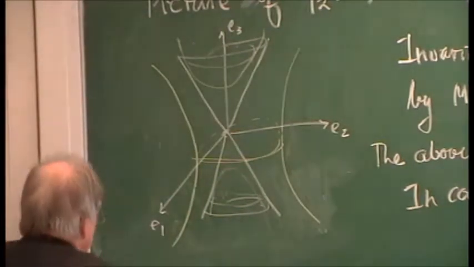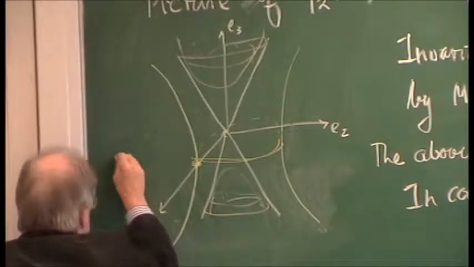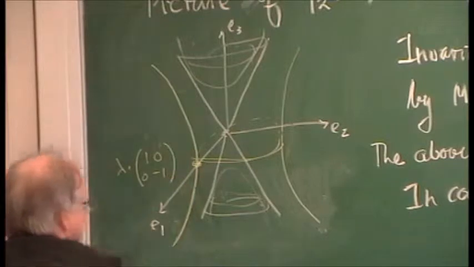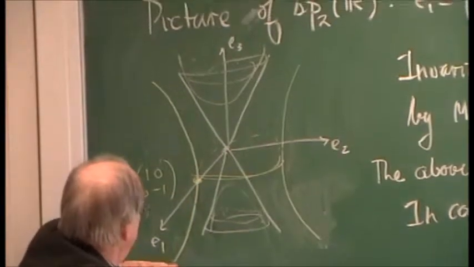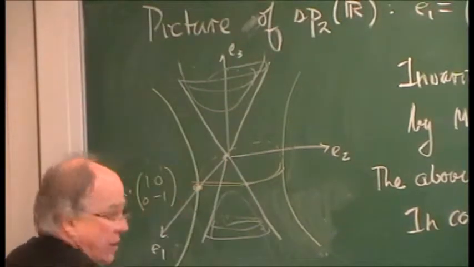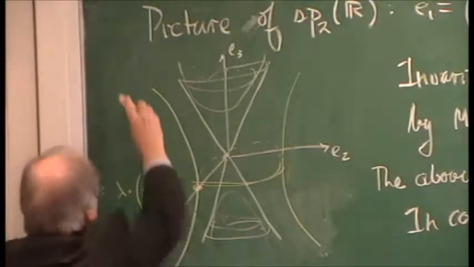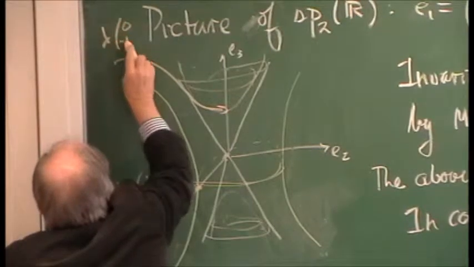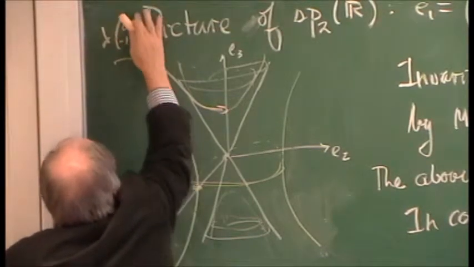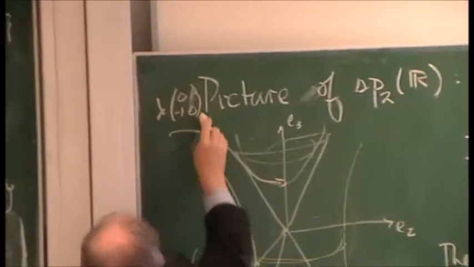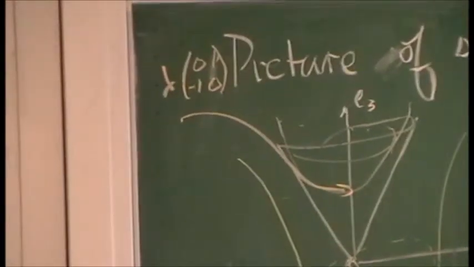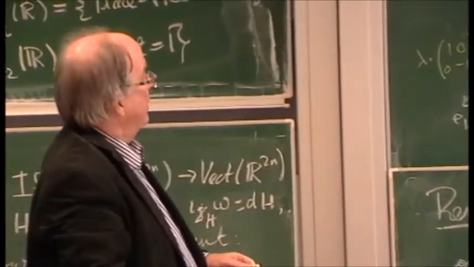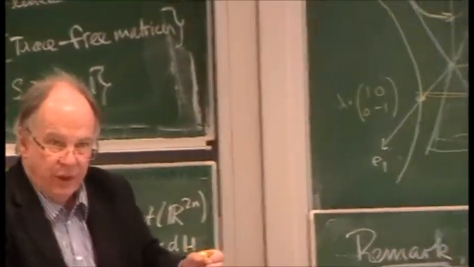So the points here will be lambda times this matrix, which is diagonal over the reals, and the points here will be lambda times this matrix, which of course has purely imaginary eigenvalues. And you can see with higher dimensional symplectic algebra, you will have many such possibilities.